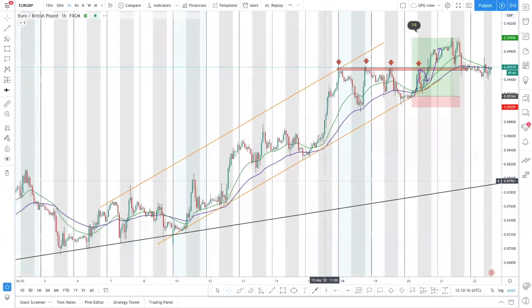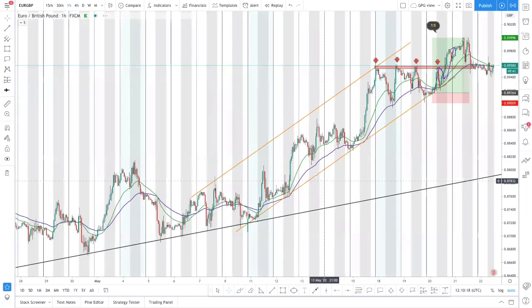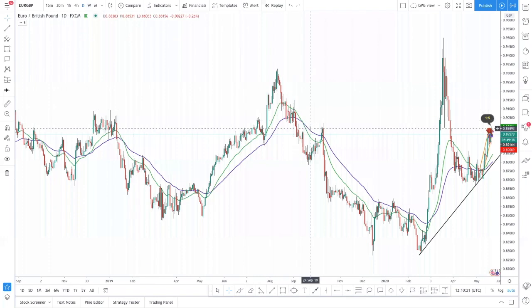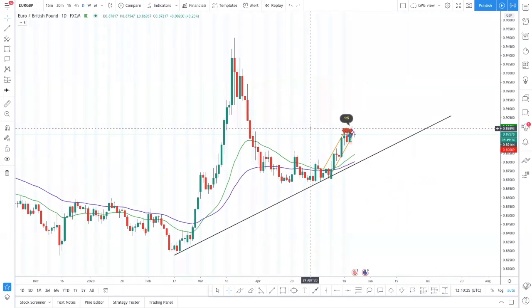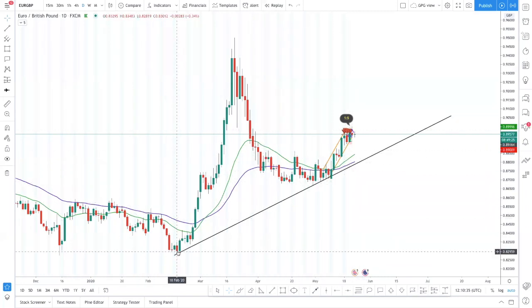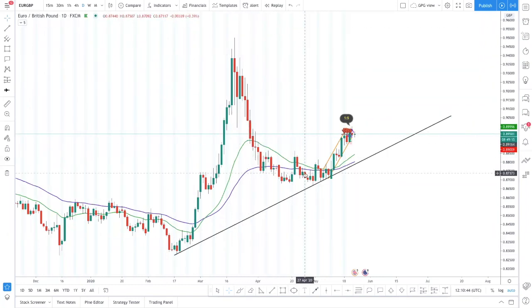All right. Now, to quickly take a look at the macro on this pair, it was super easy for me to identify a very bullish momentum that started almost around February 2020. They went for a bullish run, came back down, and then new momentum started.